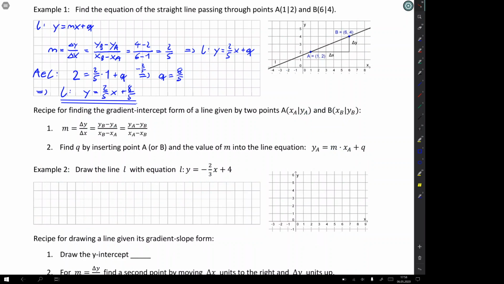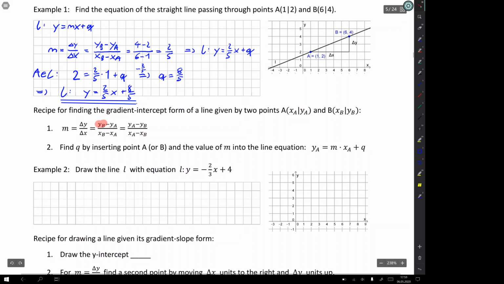We see now the principle or recipe of how to find the equation of a line given by two points A and B, the equation in gradient slope form. First we find just the gradient m using this form here, and note it doesn't matter if we write yb minus ya divided by xb minus xa, or ya minus yb divided by xa minus xb.